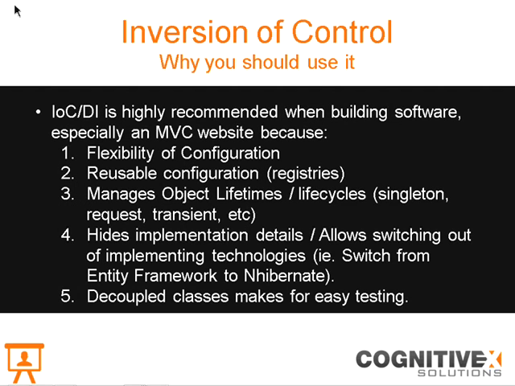It's highly recommended when building software, especially with an MVC website, because of flexibility of configuration. With an IOC container like StructureMap, you have two ways that you can do configuration. One is with XML, and the other one is with what's called a fluent interface, or through writing code describing to StructureMap how you'd like to configure your system.